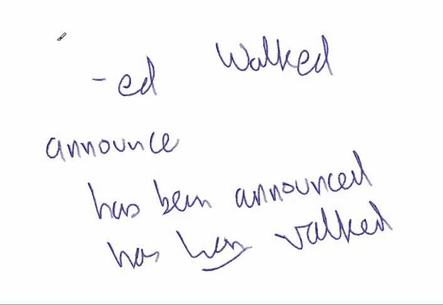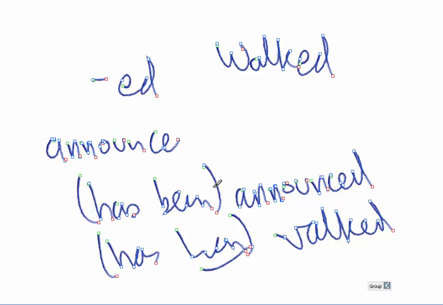So for regular verbs, which is a fair amount of verbs, it's just ed, and then you can test it by saying has been announced or have been announced. So the girls have been announced, the dog has been walked. So that's how to do it with regular verbs. However, there are also things in English called irregular verbs, and irregular verbs don't really have that kind of easiness with the ed.